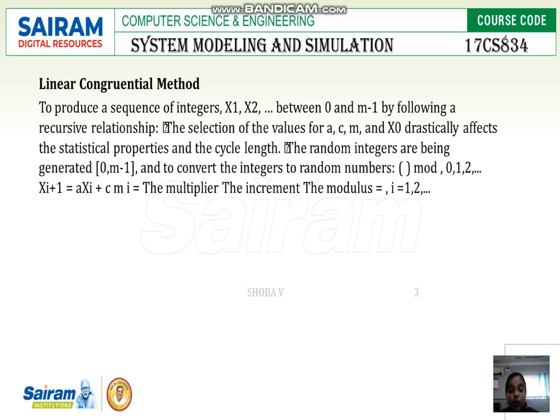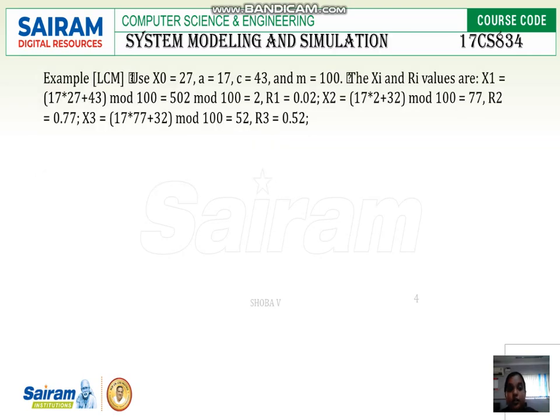We can use any kind of values for these. Once there are default values, we can apply all the selected parameters to this formula and find the solution. It totally depends upon the value of the modulus. For example, 50 divided by 10: 10 fives are 50, so we get 0 as the remainder. This is the value of the modulus. Here is an example of the linear congruential method.